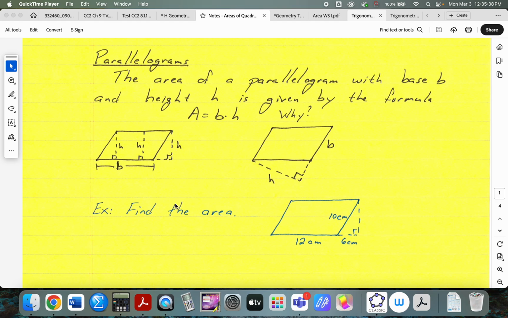If you took how many squares it took to go across times how many squares it took to get to the top, that would be how many squares it would take. So that's where this formula comes from. Again, the base doesn't have to be on bottom, it can be on the side. In most cases, the base is going to be on the bottom, but not always.